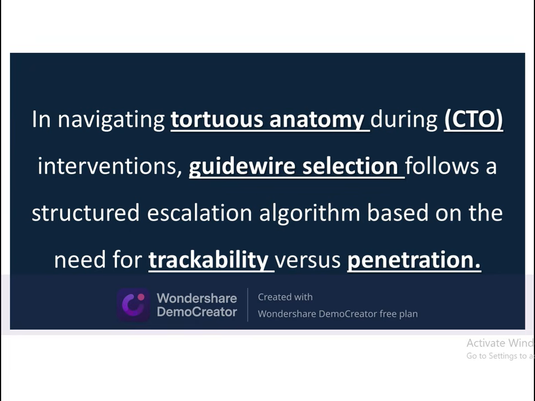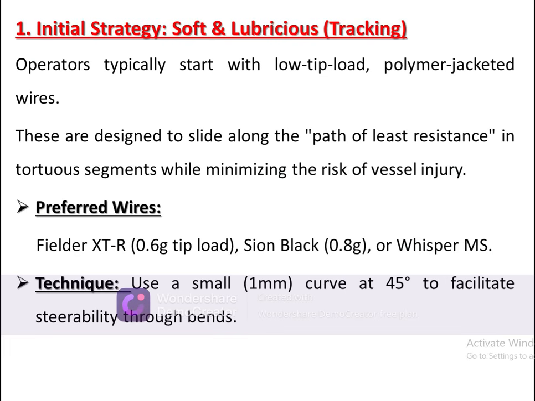In navigating tortuous anatomy during CTO intervention, guide wire selection follows a structured escalation algorithm based on the need for trackability versus penetration. The first, initial strategy is often lubricious tracking. Operators typically start with low tip load polymer jacket wires.